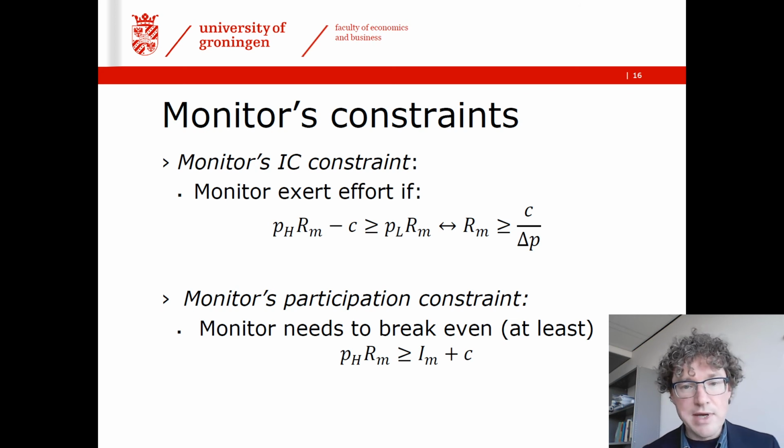On the other hand, we can ask this monitor to also contribute some IM, but they need to at least break even. So the cost that the monitor is incurring, which is the total IM plus the cost of monitoring itself, C, needs to be lower than what they expect to get, PHRM, out of the project.